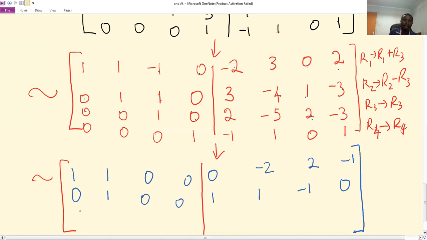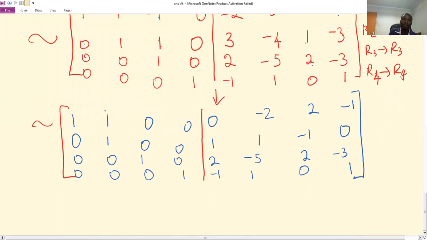And then row 3 is 0, 0, 1, 0, 2, minus 5, 2, minus 3, and row 4 is 0, 0, 0, 1, minus 1, 1, 0, 1.